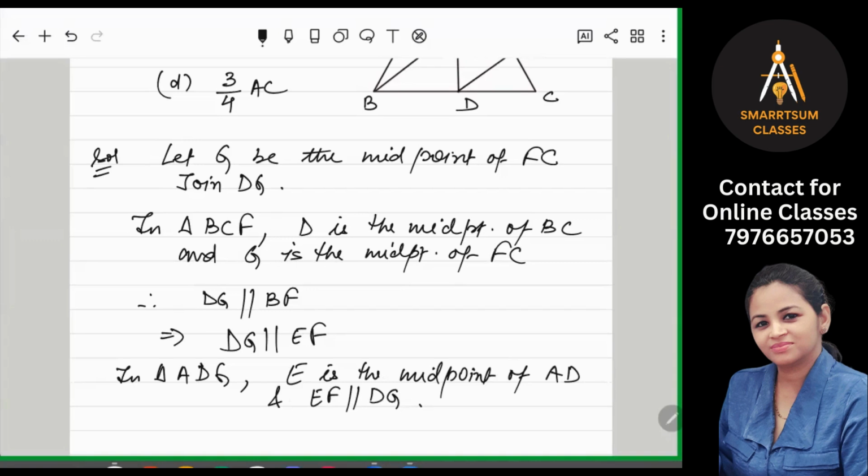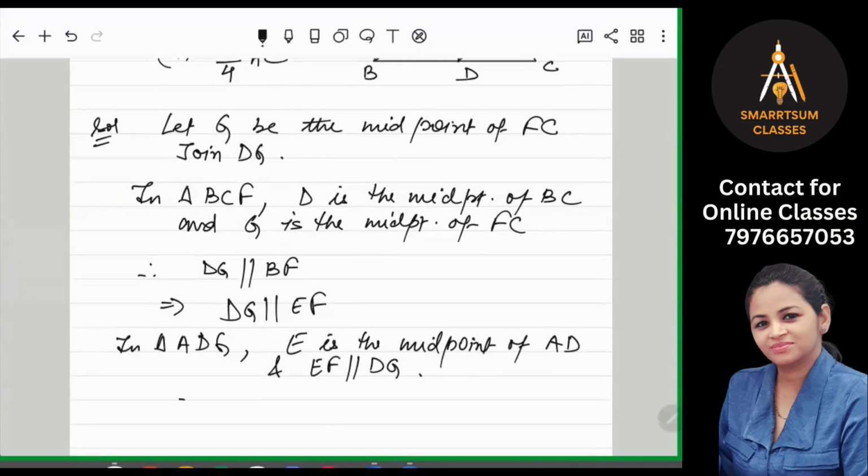So according to the converse of the midpoint theorem, we can say that F is the midpoint of AG.